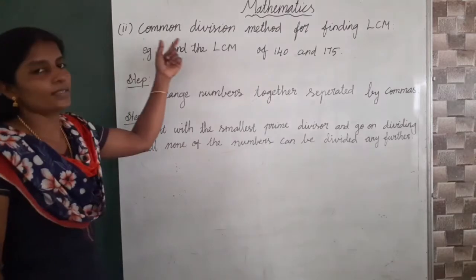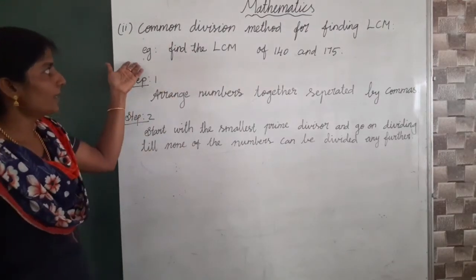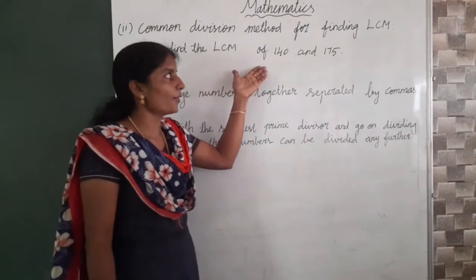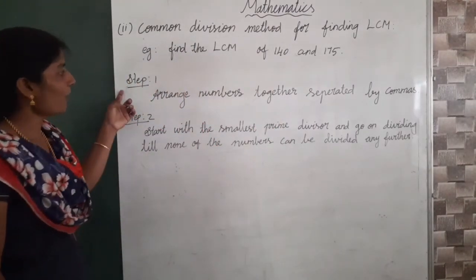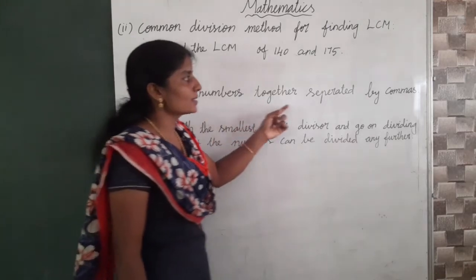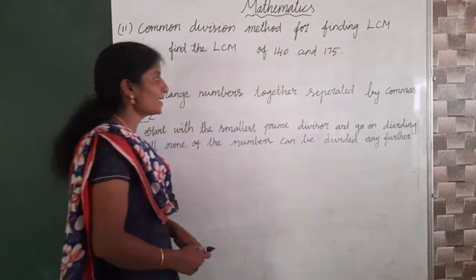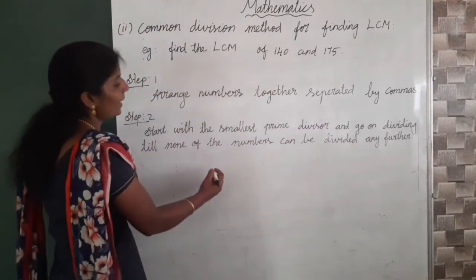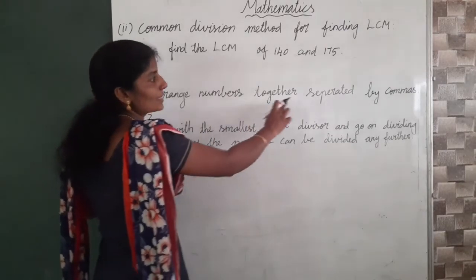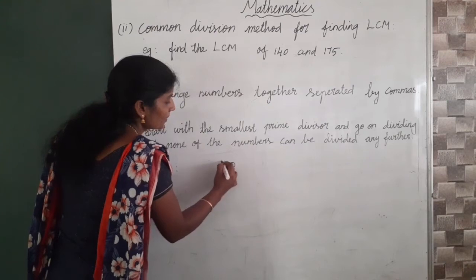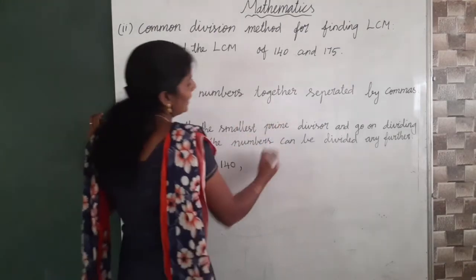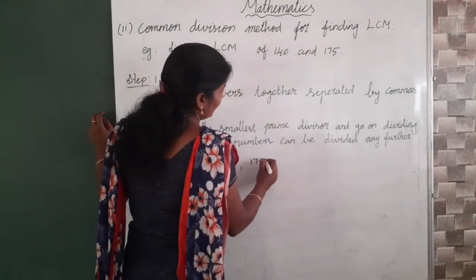Second method, common division method for finding LCM. For example, find the LCM of 140 and 175. Step 1, arrange the numbers together separated by commas, that means 140, comma, 175.